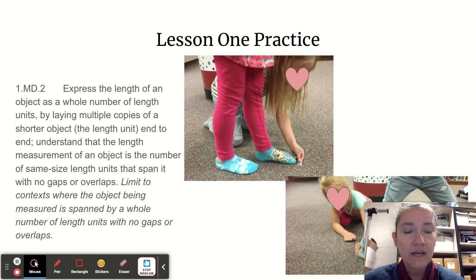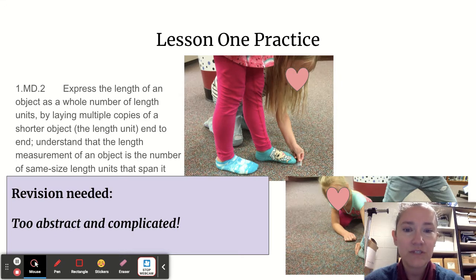For lesson 1, as I said, the kids made their own measuring tools using the baby steps. And this just turned out to be very complicated for them and abstract. A revision I will do next year is that we will have the kids walk around the room and practice taking different types of steps and counting their steps and measuring that way.